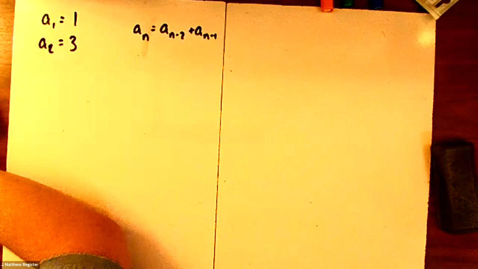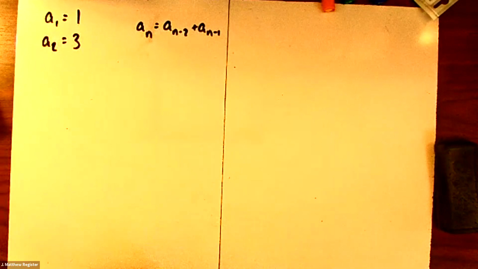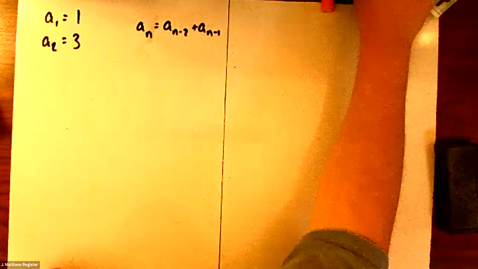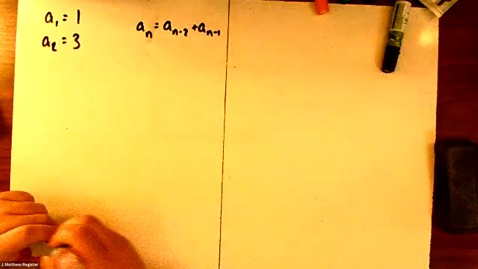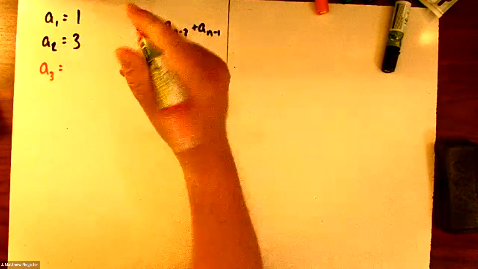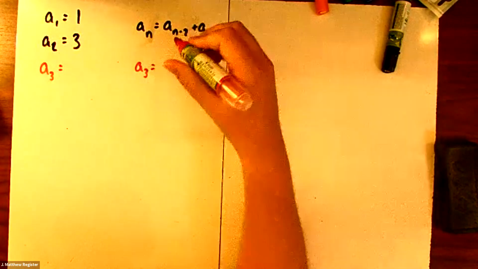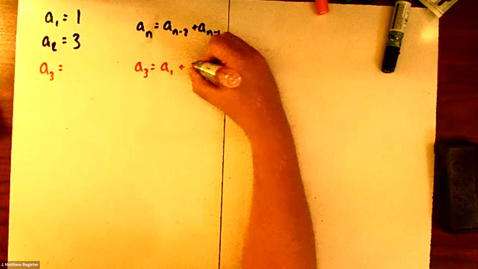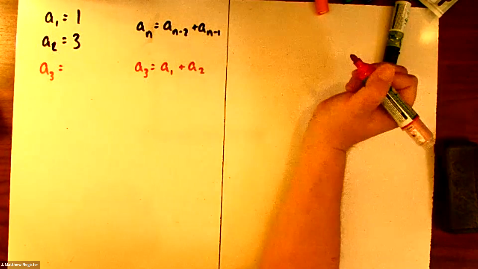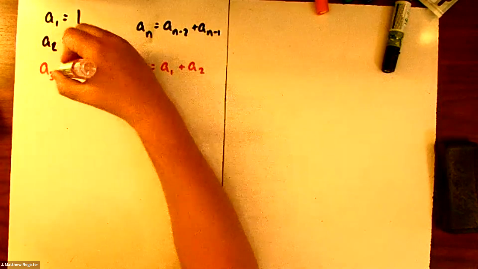Let's stop the share and take a look at this. And so if you have something like this, to figure out what A3 is, we can use this formula. A3 would be equal to A1 plus A2. Well, A1 plus A2 gives 4.